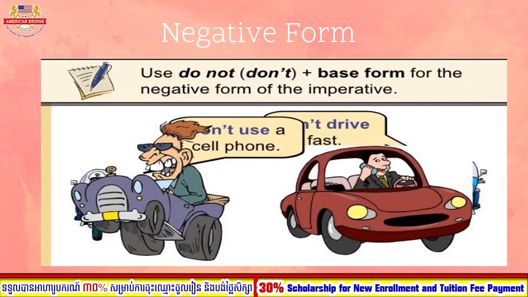You can see in this picture that it says don't use cell phone: the man driving the car is using a cell phone, and another man drives so fast, right? So we need to say to him, don't drive fast. If he drives fast he can get an accident, or he can fall down. So now let's move to the next one.